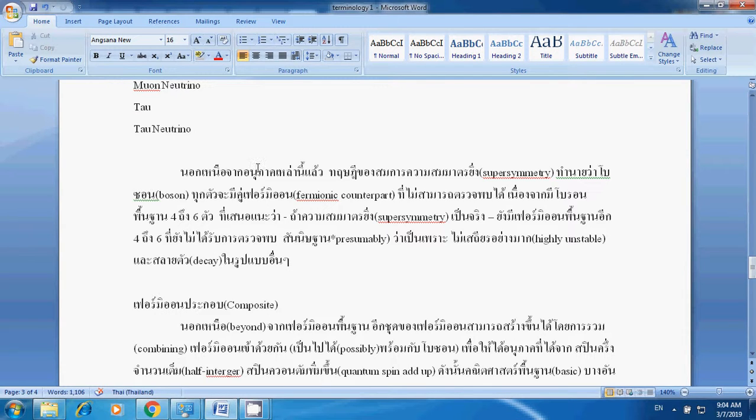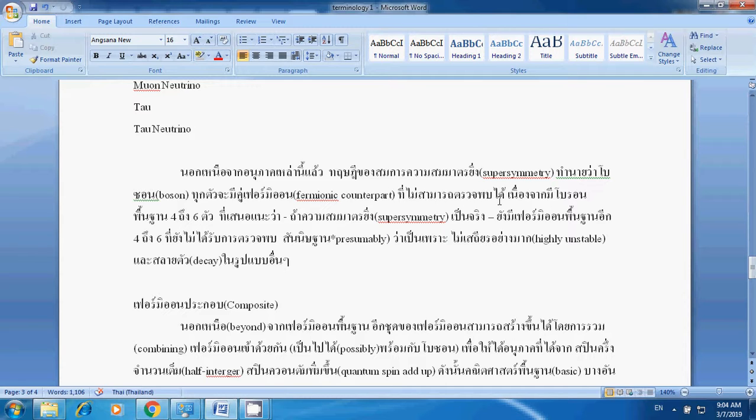Beyond these particles, the theory of supersymmetry predicts that every boson will have a fermion counterpart that cannot be detected.